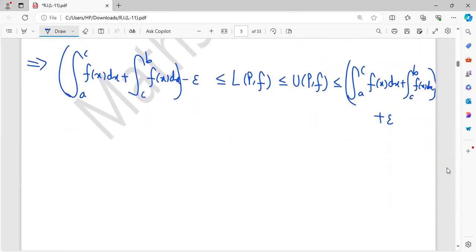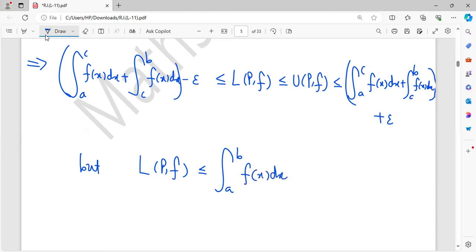But f is Riemann integrable, so the Riemann integral of f from a to b always lies in between these two.